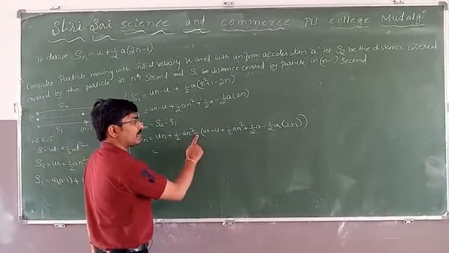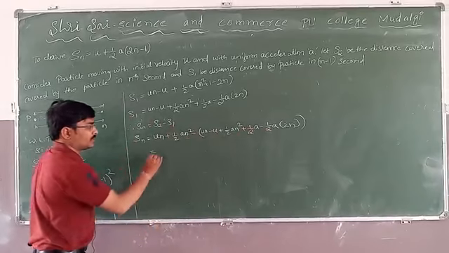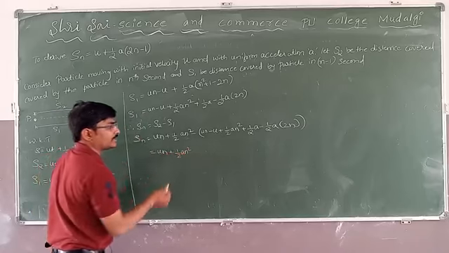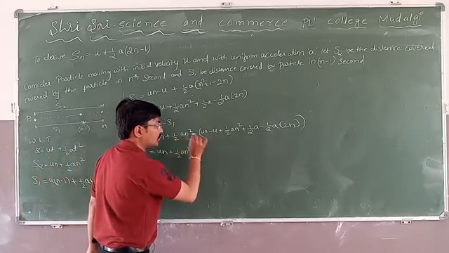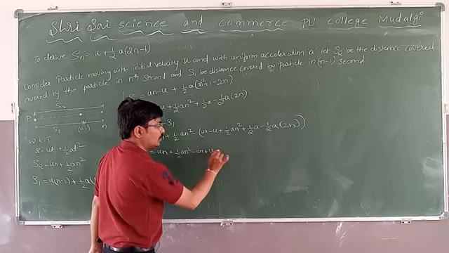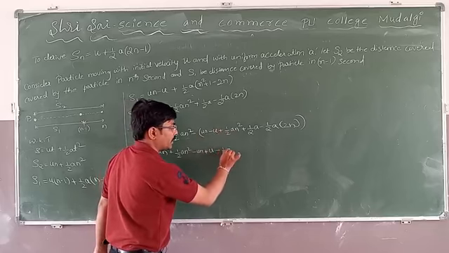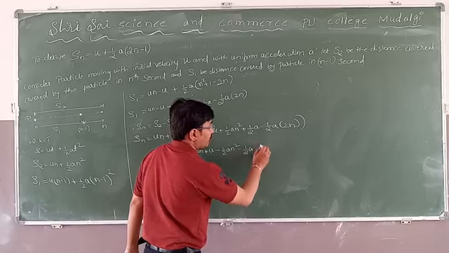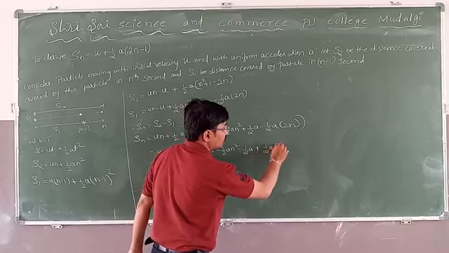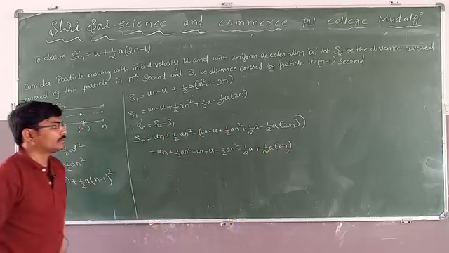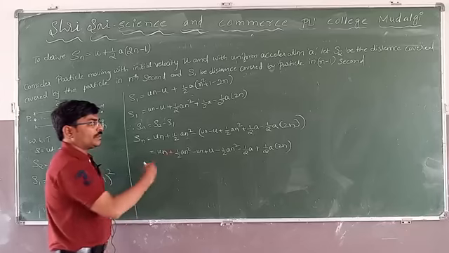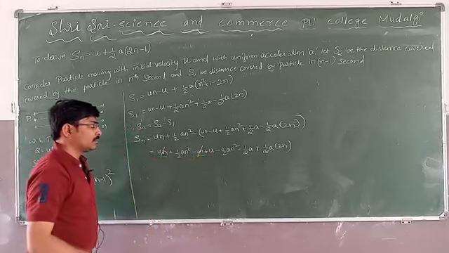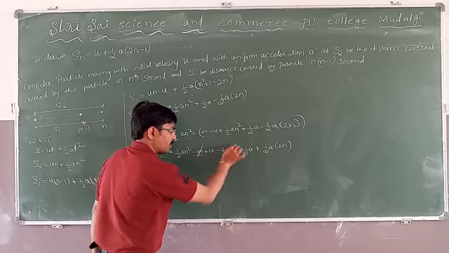Now I multiply this minus with all the terms inside the bracket. un written as it is, plus 1/2 a n square as it is, minus un, minus into minus plus u, minus into plus minus 1/2 a n square, minus 1/2 a, plus 1/2 a into 2n. Now compare, any common terms get cancelled. Plus un minus un cancel, plus half a n square minus half a n square cancels.